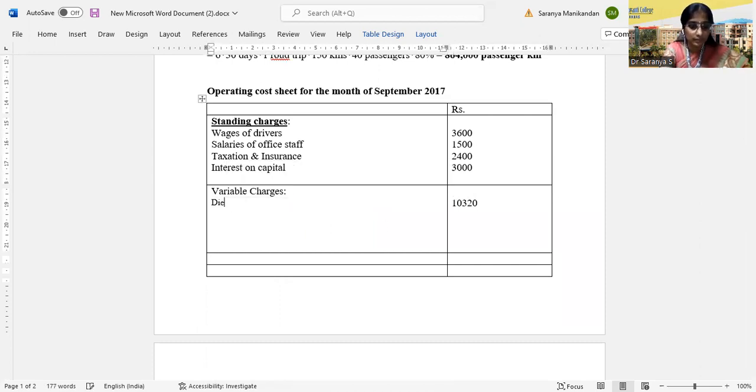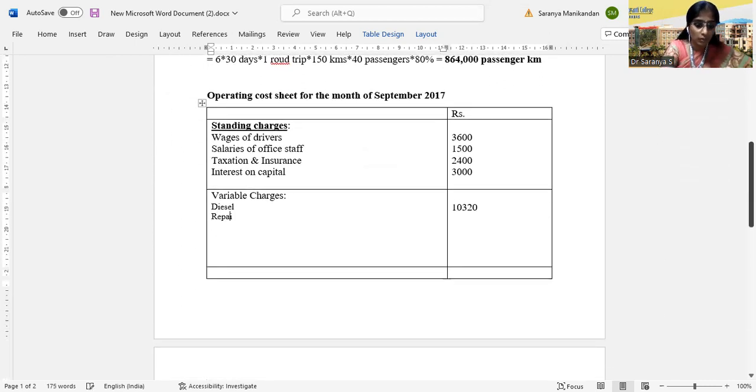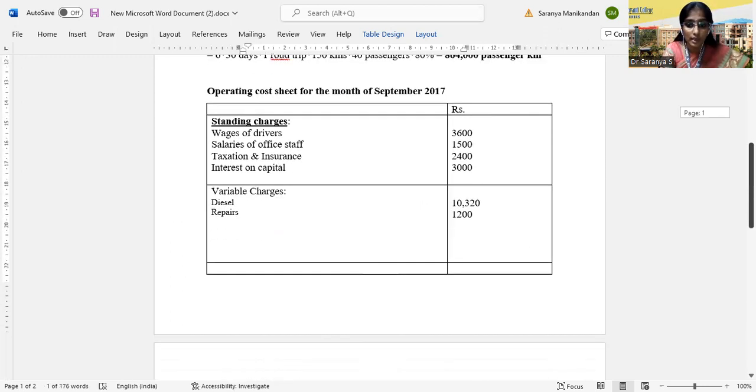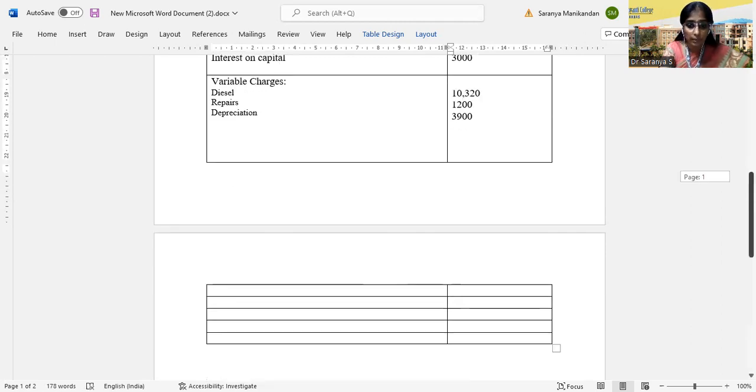Then next item we have repairs and maintenance 1,200. So do we have any other item? Like we have done with wages, salaries, diesel, repairs, everything got over except the depreciation. So depreciation is 3,900. So the next item is depreciation 3,900.